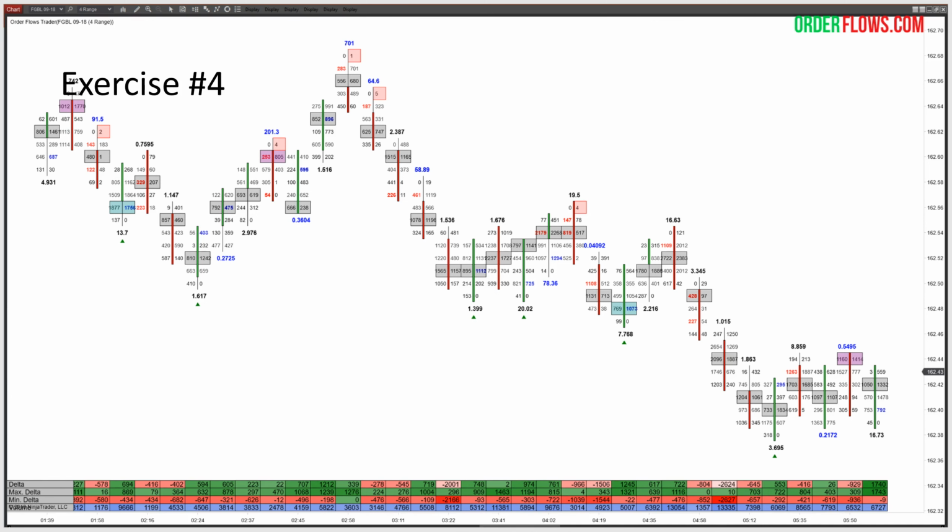Now obviously you see the divergences here, which are the obvious ones, but take a moment to analyze what you're looking at. You have 1212, a strong positive delta. The one that follows it, 339, is obviously not very strong. And at one point, this bar had 1276 positive delta, max delta, which is actually stronger than the previous bar.